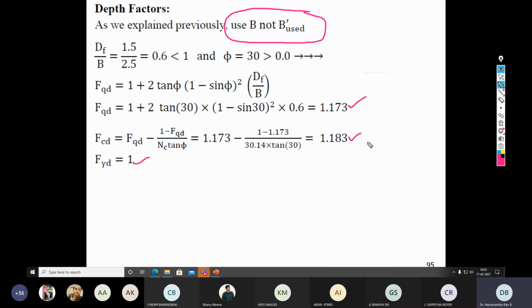So if you use the previous equations, can anybody tell me what are the values of FCD and FQD? Sir, 1.2 and 1.1 respectively. Yes, this is 1.2 and this is 1.1. FQD is 1.1.